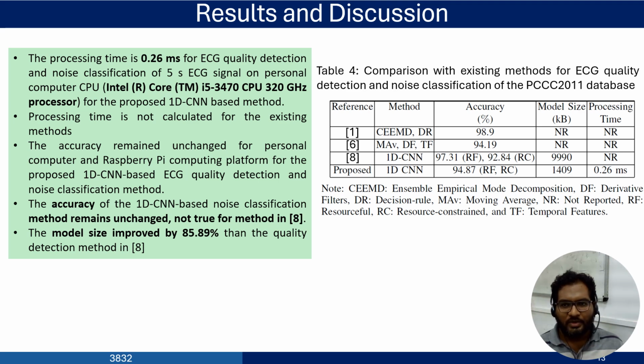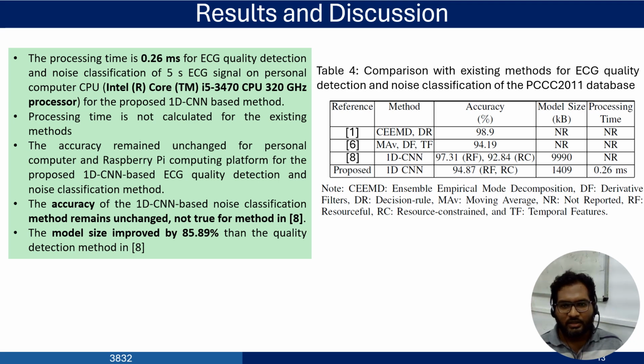In table 5, we compare the existing models for ECG quality detection and noise classification on the PhysioNet Challenge 2011 database. In most of the cases, the processing time shown in the last column is not computed. The method in reference 8 has presented the model size, while our method has improved the model size by 85.89%.